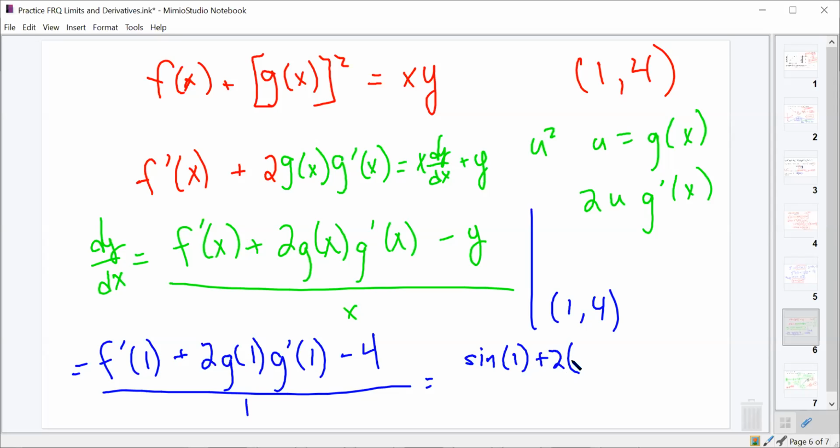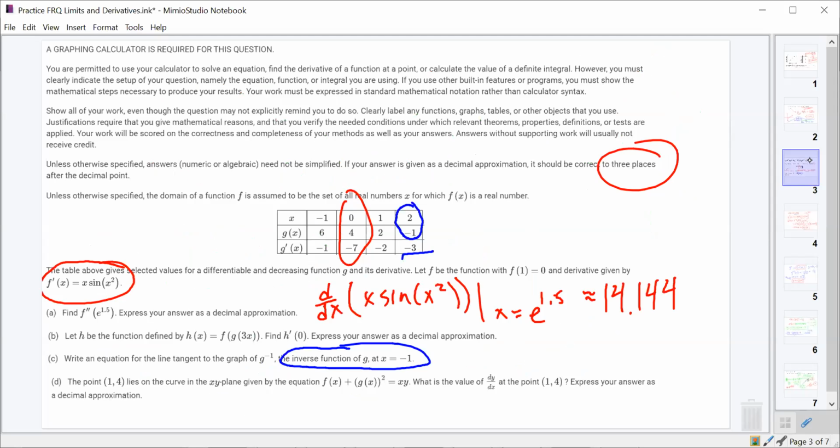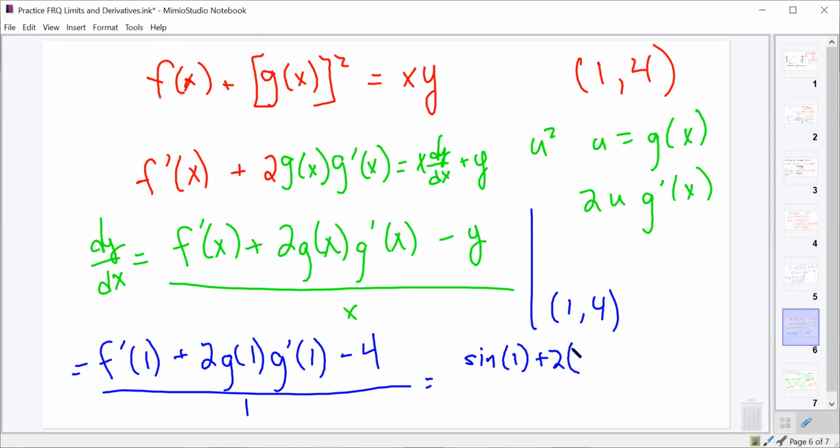So what's g of 1 from our chart? G of 1 should be 2. And g prime of 1 is negative 2. So g of 1 is 2, g prime of 1 is negative 2, minus 4, and then all over 1.